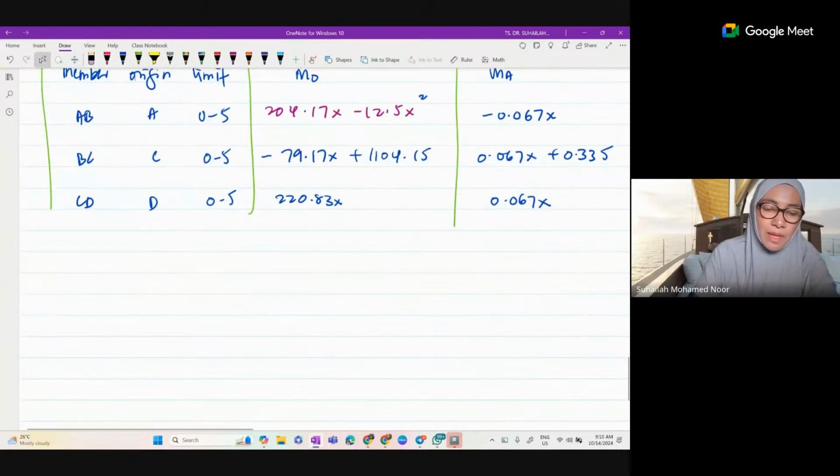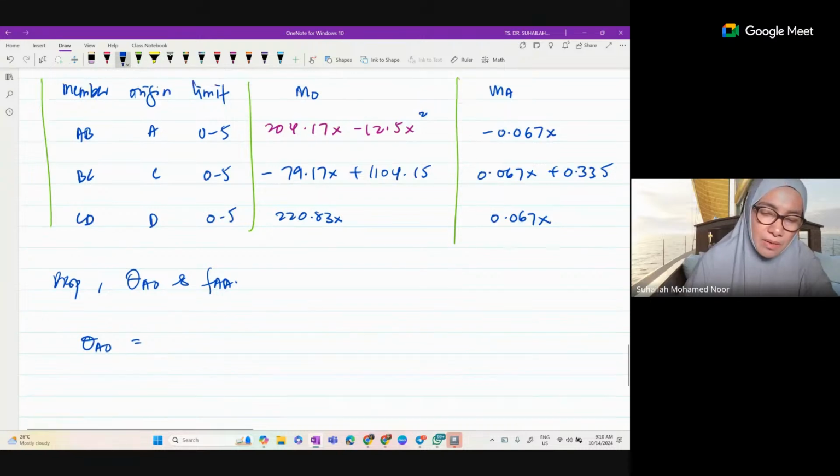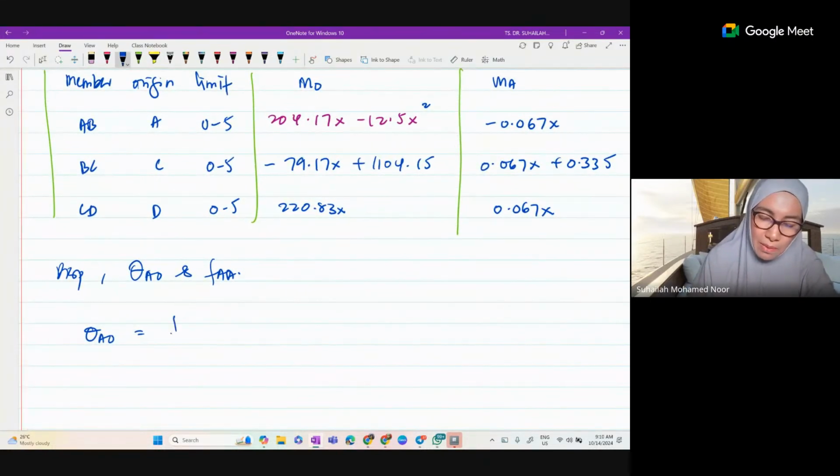So lepas ni displacement lah. Displacement calculation. Displacement theta A naught and F AA. So theta A naught formula. Okay, please integrate. Actually, dia macam ni lah, 1 over EI from 0 to 5. Tapi, you tak payahlah tulis banyak kali.